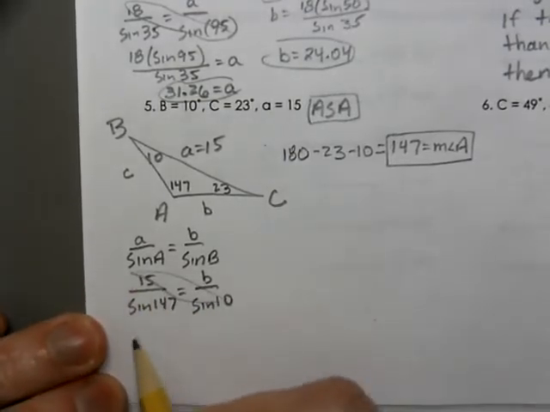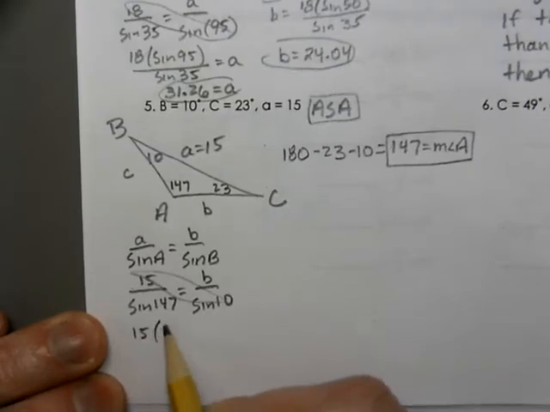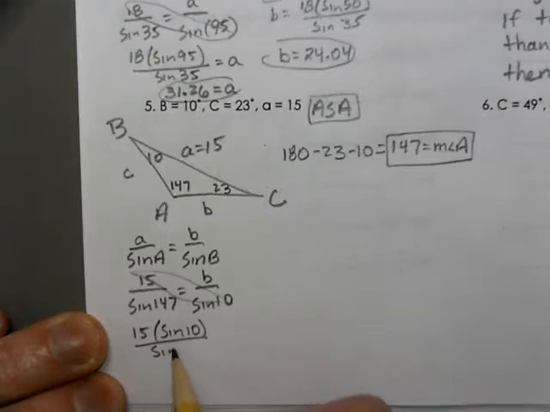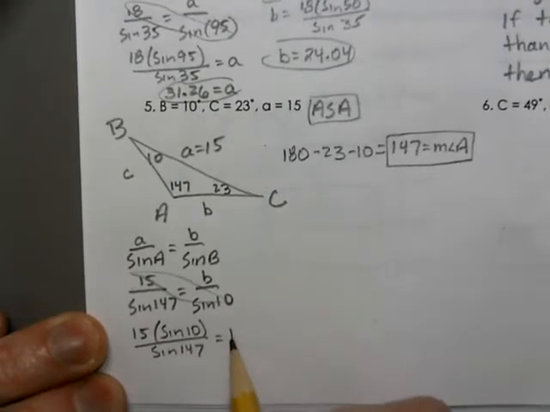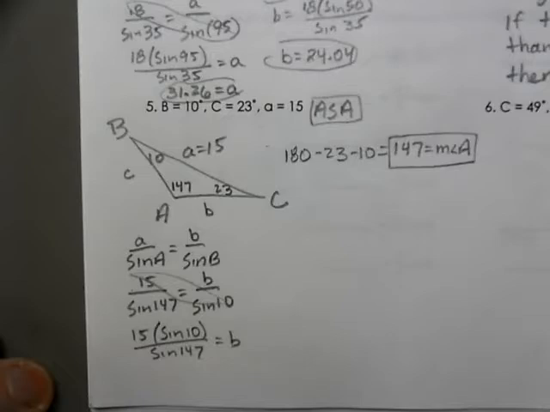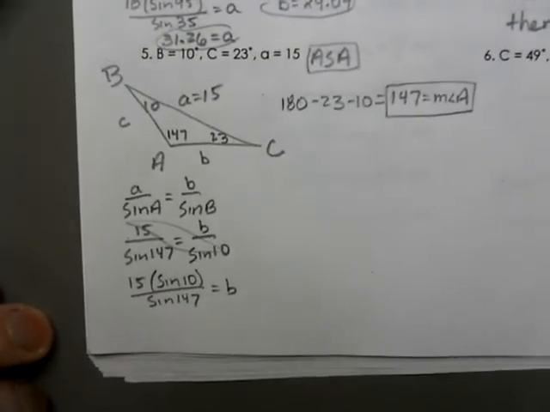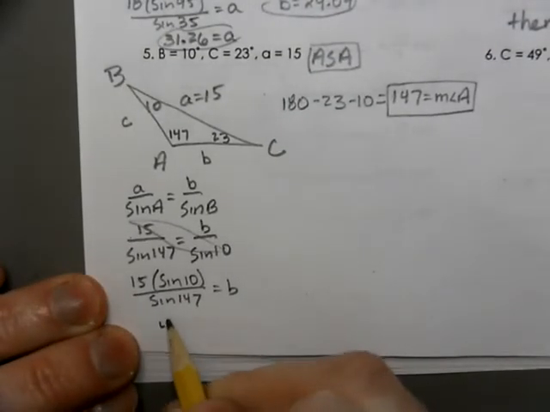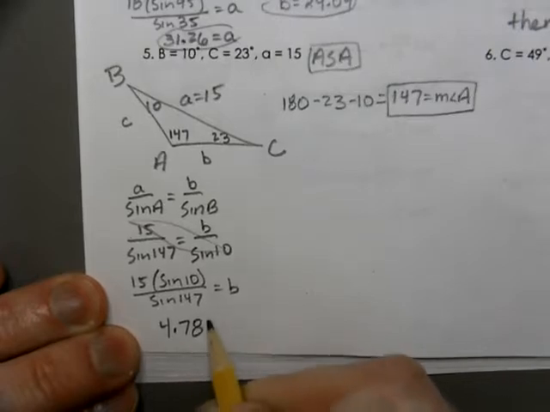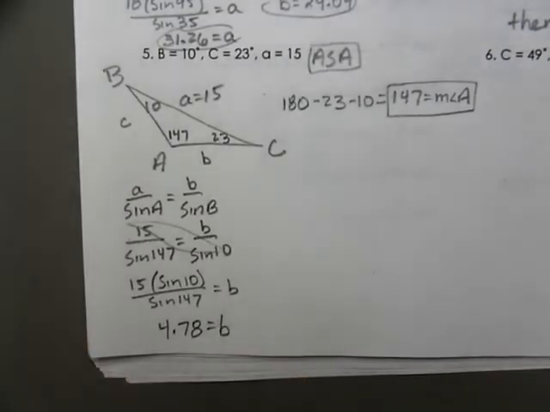Cross multiply. And I've calculated now that B is going to be the value of 4.78. You want to be sure to use your calculator to see if you can get these values.